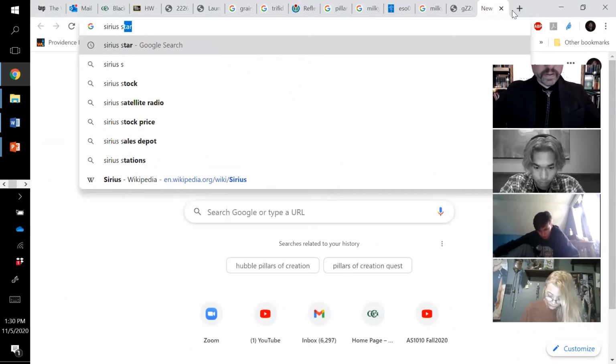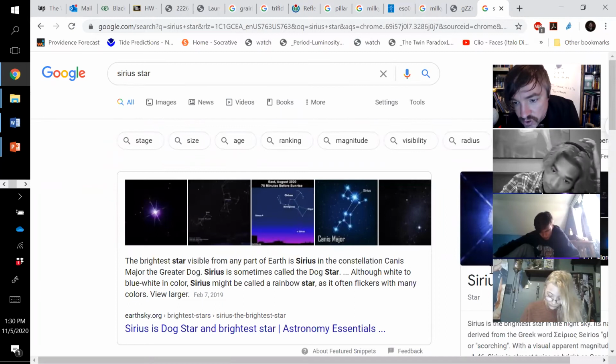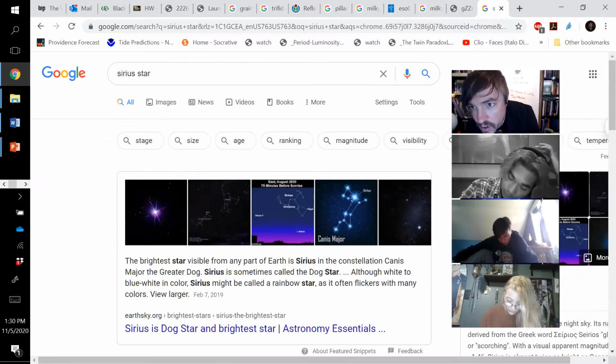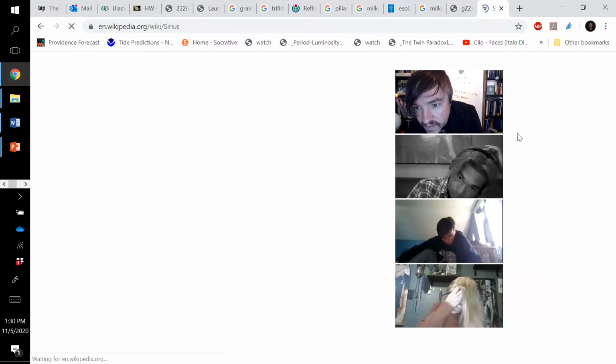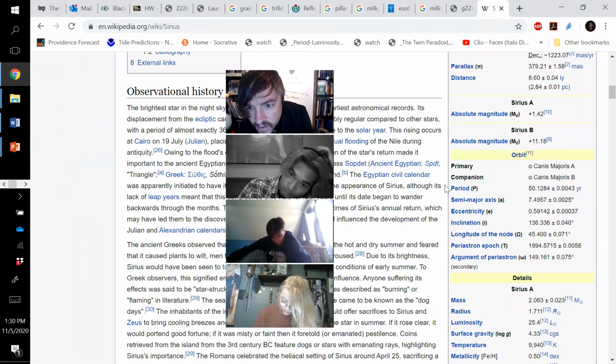Sirius star. That would be kind of sweet if it worked out like that. The radius is 1.7.